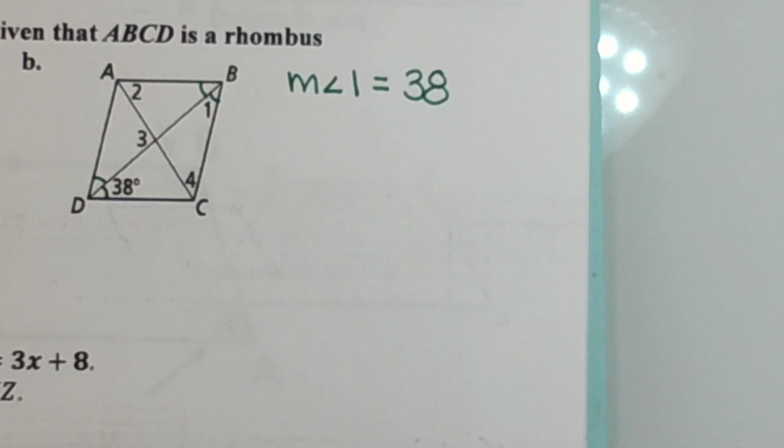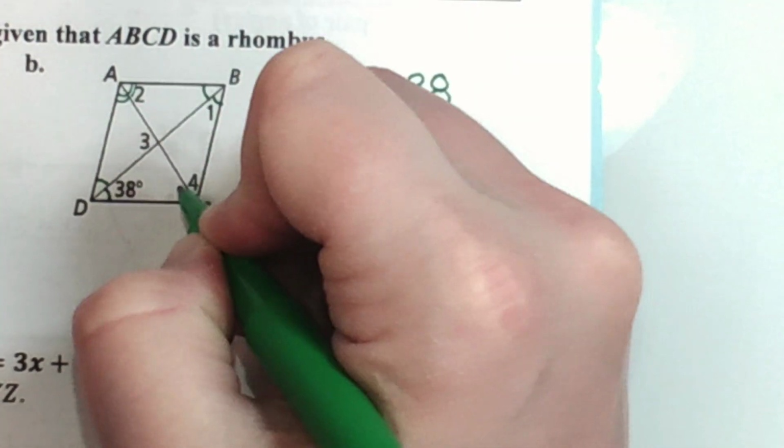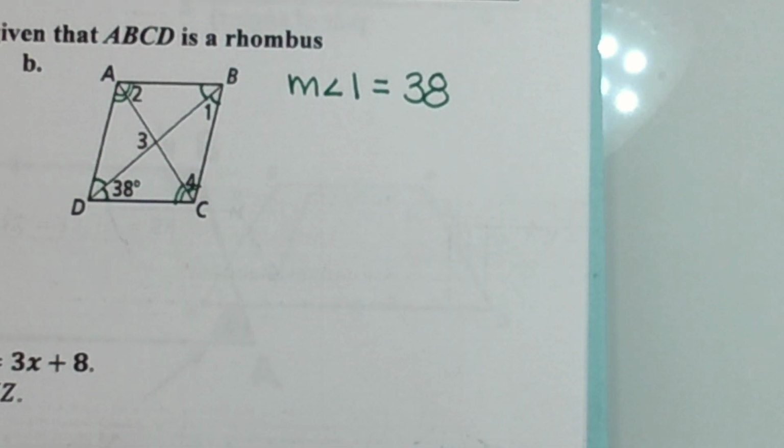What else do we know about angles in a rhombus? The other ones also have the congruencies. So I know when I find angle 2, it's going to be the same as whatever angle 4 is. What's the other marking that we put inside the rhombi for angles?